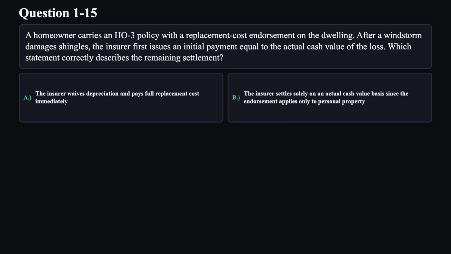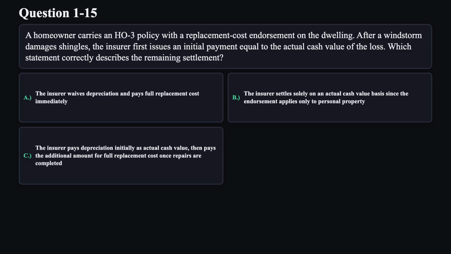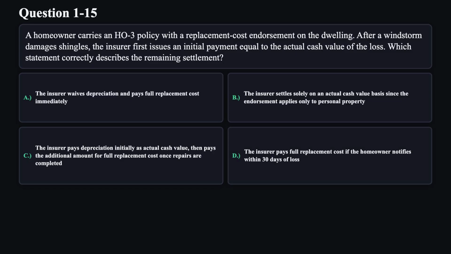B. The insurer settles solely on an actual cash value basis, since the endorsement applies only to personal property. C. The insurer pays depreciation initially as actual cash value, then pays the additional amount for full replacement cost once repairs are completed. D. The insurer pays full replacement cost if the homeowner notifies within 30 days of loss.